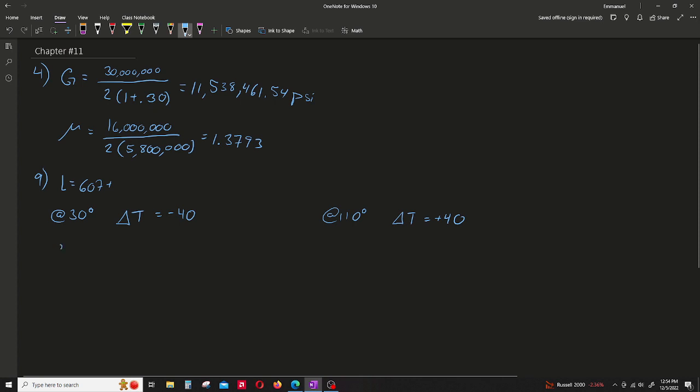For our lambda value, that is equal to alpha times L times delta T. So this is equal to 6.5 times 10 to the negative 6, L was at 60, but we make sure we multiply it by 12 so that we put it in inches.